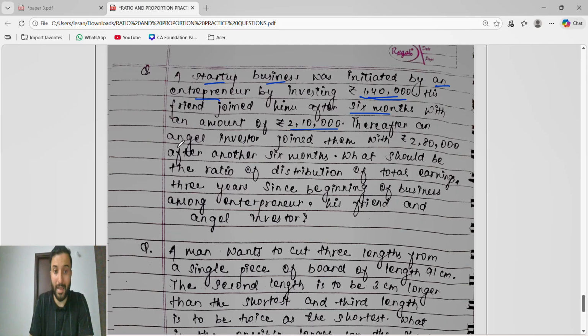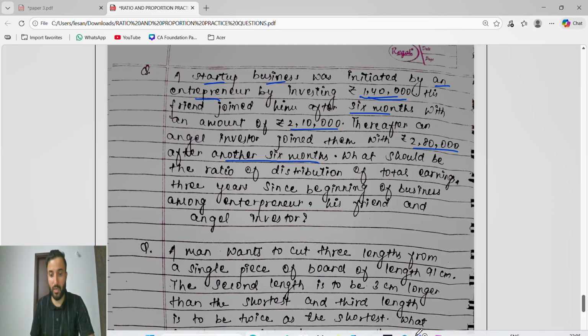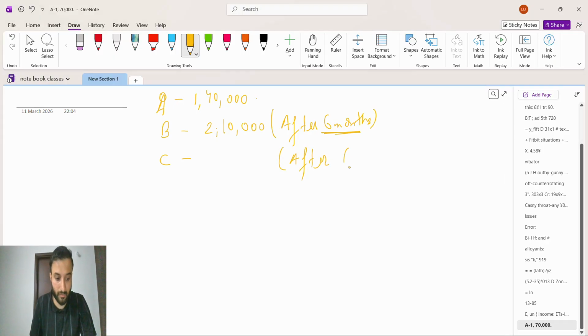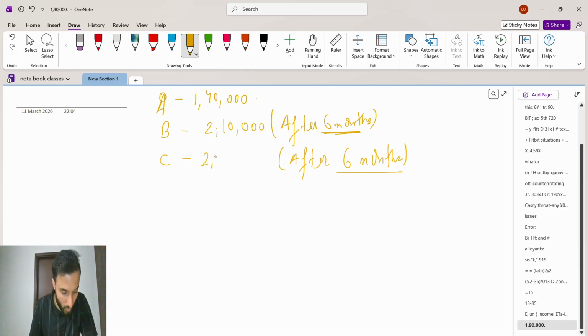Thereafter an angel investor joined them with 2,80,000 after another 6 months. One more investor came after 6 months, and that investor invested 2,80,000.